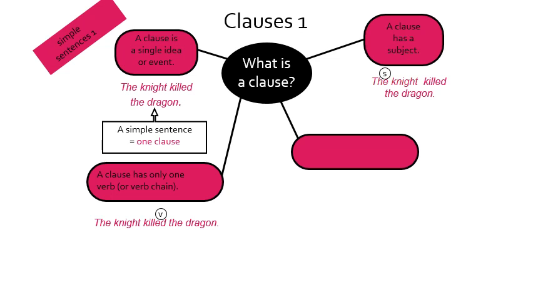The knight killed the dragon on the high mountain or on the abundant mountain. So it's still a clause. It has one idea, one subject, one verb, but we just gave extra information about where the dragon was killed. Okay, so I think that it's clear now. You know what is a clause.